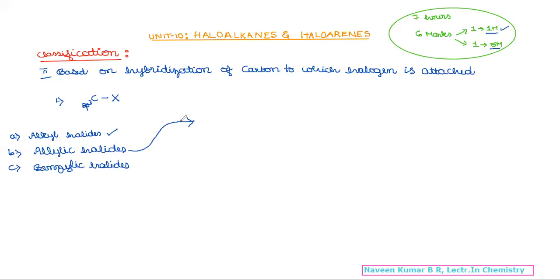We can define allylic halides as the halides in which the halogen is attached to an sp3 hybridized carbon atom, and the condition is that this sp3 hybridized carbon atom should be present next to a double bonded carbon, or, defining with hybridization again, an sp2 hybridized carbon.